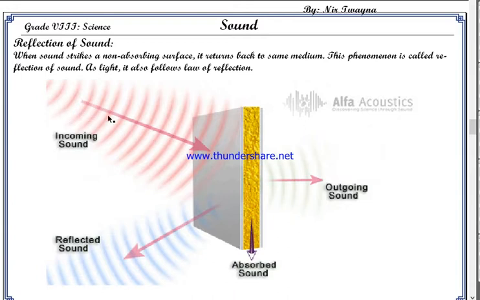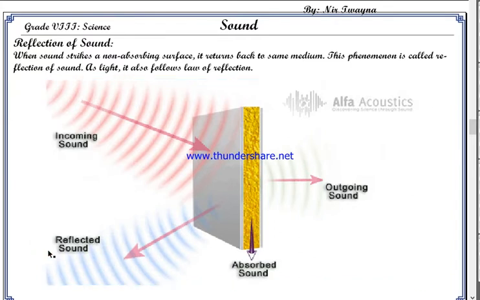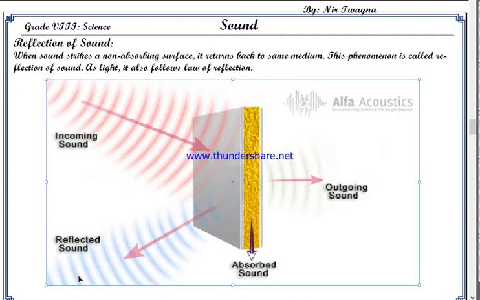Now in the case of a sound wave, the same thing happens. When a sound wave hits the wall, it bounces back, and that bouncing is known as reflection of sound. Say this is incoming sound and this is reflected sound. Reflected sound is indicated by the blue colored wave, and incoming sound by the pink colored wave.